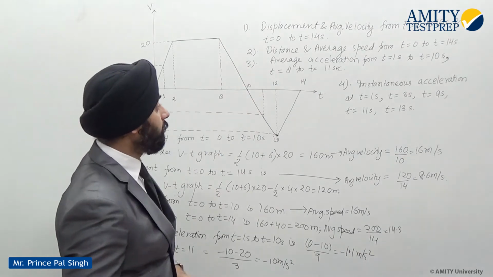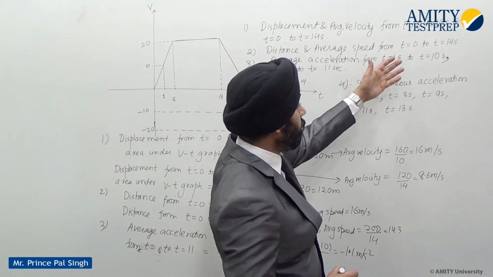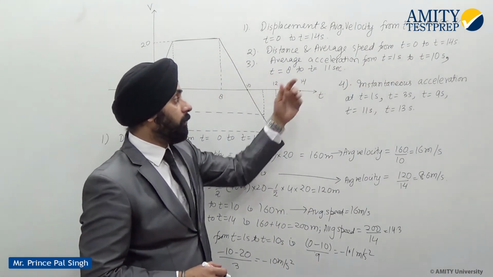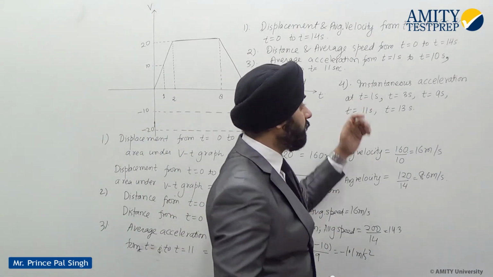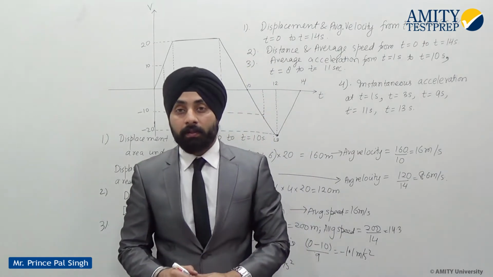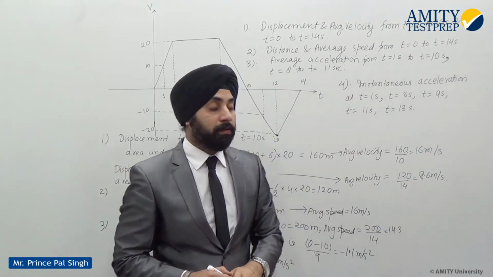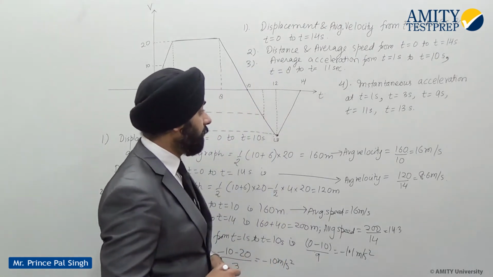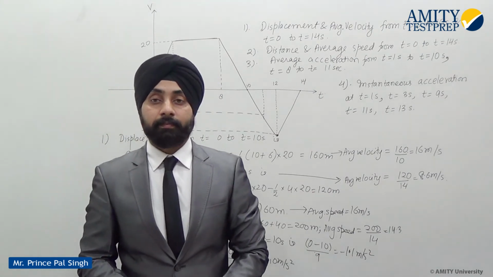Then we will find out the average acceleration from t equal to 1 second to t equal to 10 seconds, and t equal to 8 seconds to t equal to 11 seconds. And finally, we will calculate the instantaneous acceleration of the particle at various times, which are t equal to 1 second, t equal to 3 seconds, t equal to 9 seconds, t equal to 11 seconds, and t equal to 13 seconds.